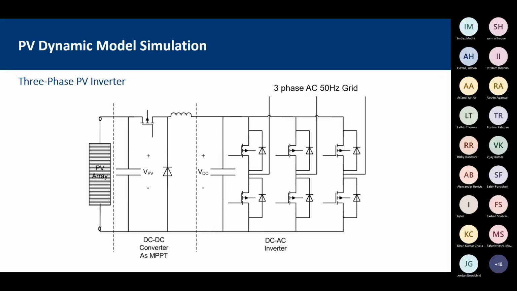Over the past few years, almost 90% of the new power systems we have designed have some kind of renewable energy source, like wind power, solar power, or a battery storage system. So obviously converters and inverters are very important.